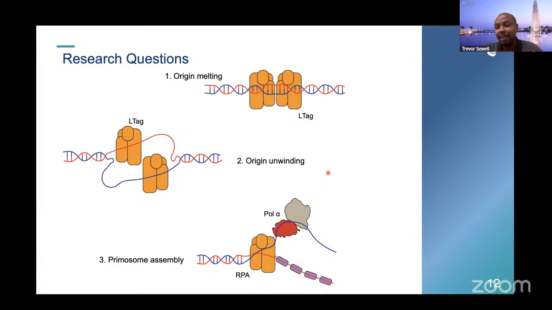CMG is loaded by ORC proteins, which are loading factors that load onto eukaryotic origins, which are not sequence specific. So the loading is different. Also, the recruitment of other factors is completely different, because CMG has loading and firing factors like CDC45 and GINS, and other proteins can come and interact with these.